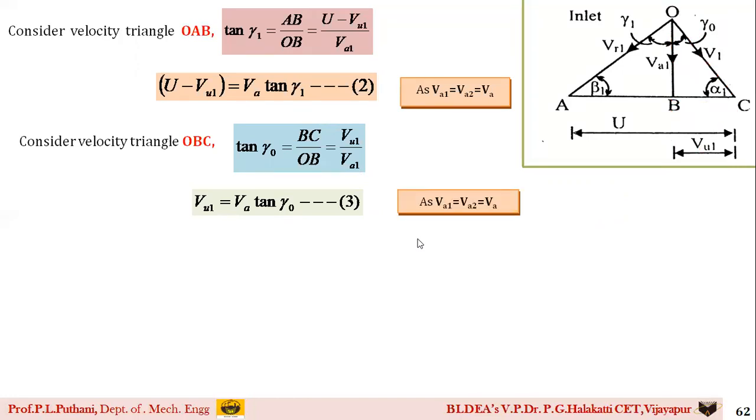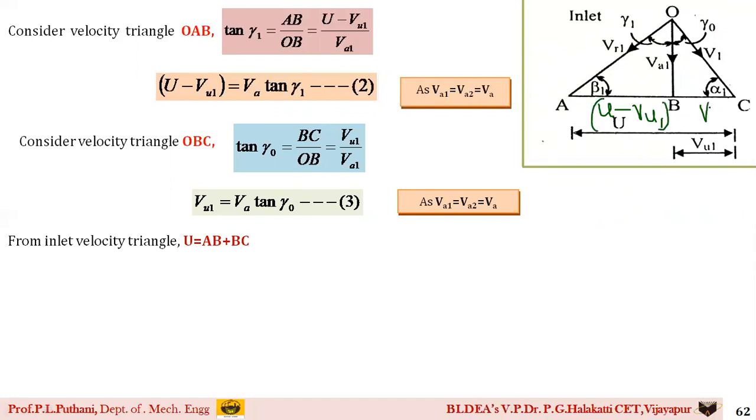Now, next, from the inlet velocity triangle, what can we say? What is U? If you observe carefully, U is the summation of this length AB, which is U minus VU1, plus BC, whose value is VU1, which you can see here in the sketch.